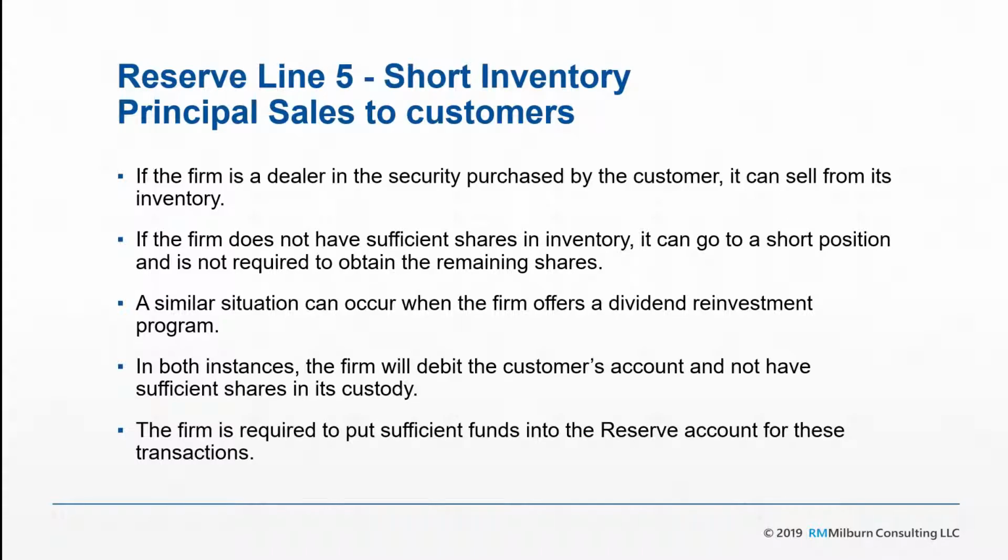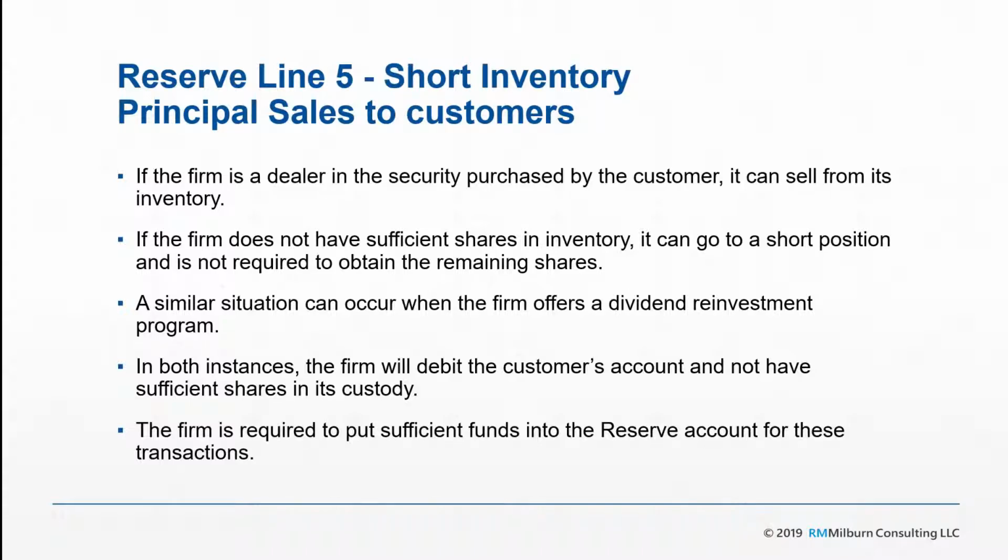And if the firm doesn't have a sufficient amount of shares to make the customer's purchase, then the rules will allow the broker-dealer to have this short position on its books. It's not required to go out and fill the entire order for the customer.